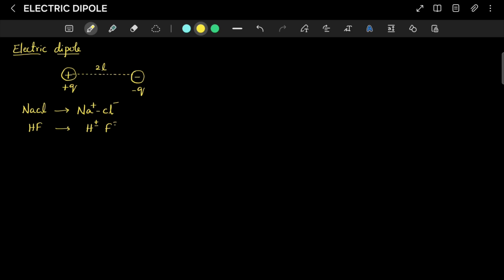Let us move forward. Generally, every electric dipole has a characteristic property. We can identify the different characteristics of this particular dipole using a quantity called the dipole moment.